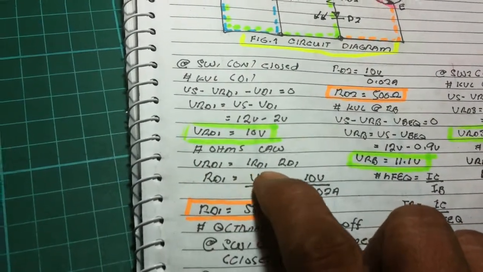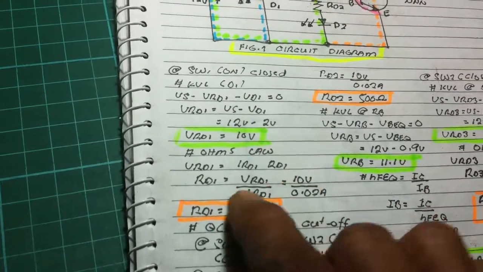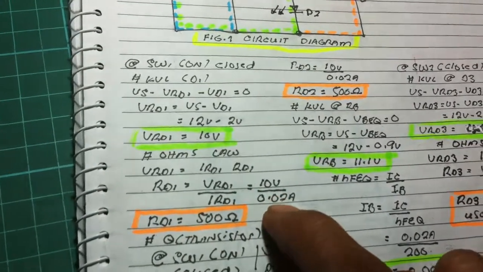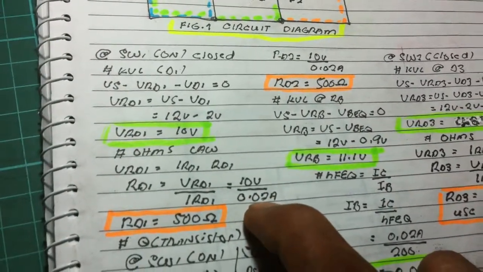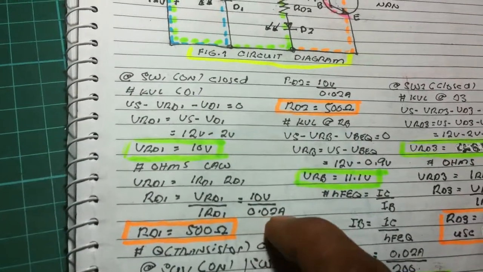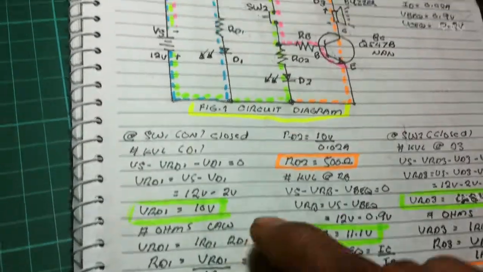Voltage is equal to current times resistance to compute for the value of the resistor. Transposition, substitution. Since we know in the datasheet of the LED, to turn on the LED is 0.02 ampere, 10 volts. We got now the value of 500 ohms.